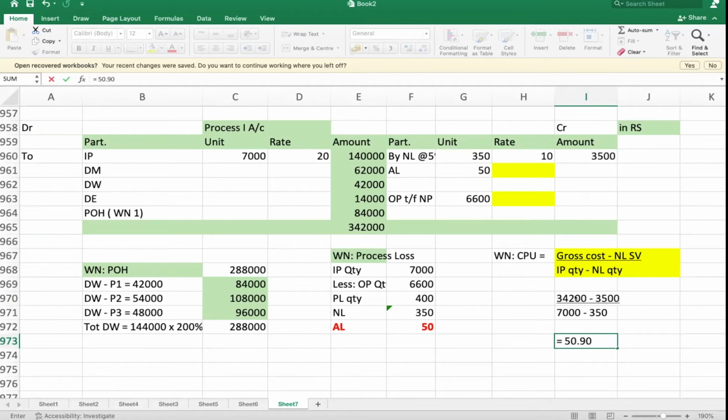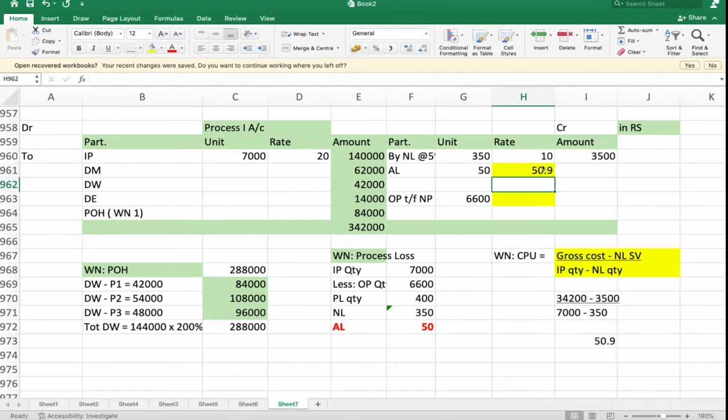Here, another important mistake commonly committed by students is this. You may have the privilege to write 2 digits, 50.90.